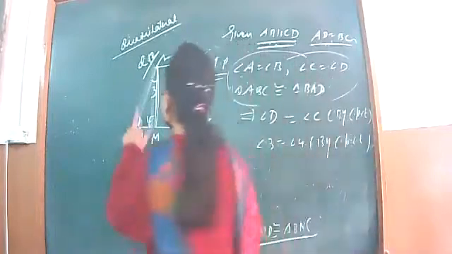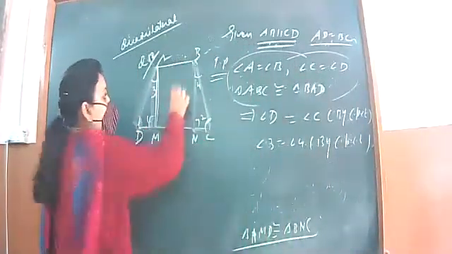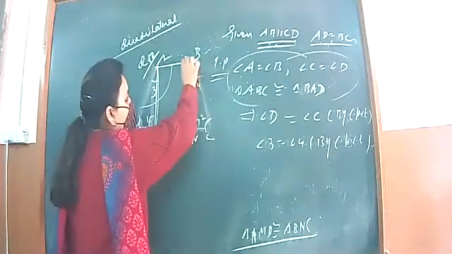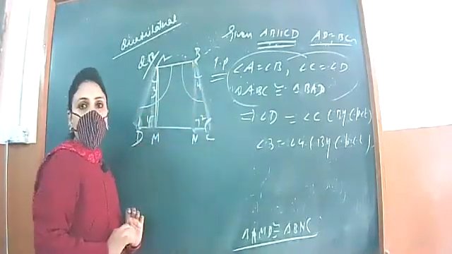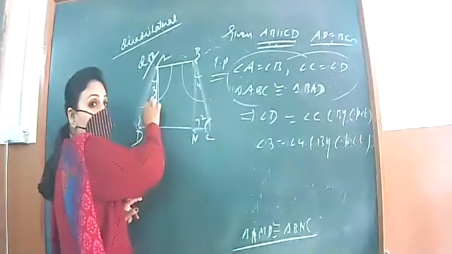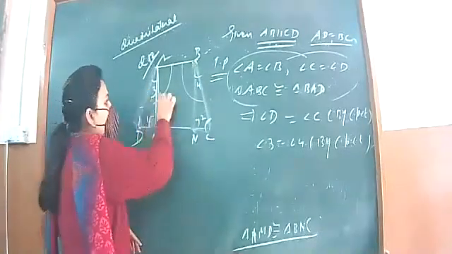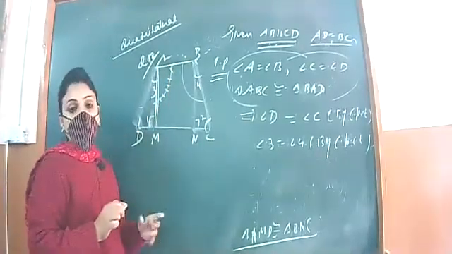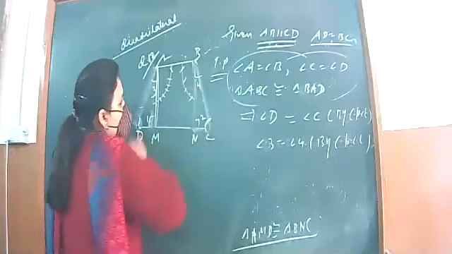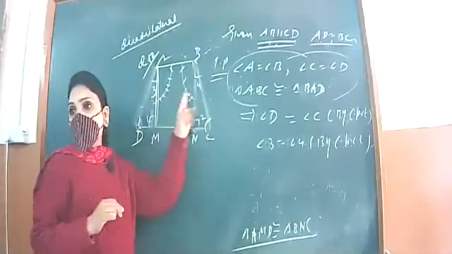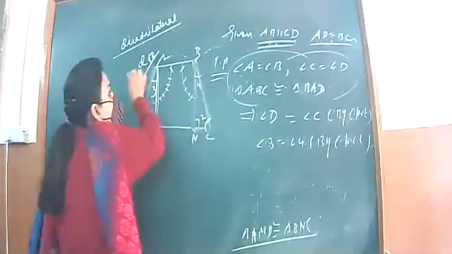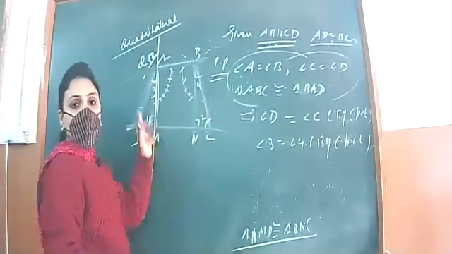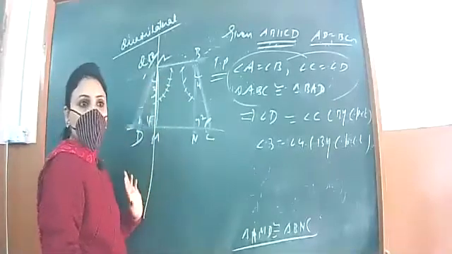Now we reach at this angle 3, but we want to reach at full angle A. We reach at angle 4, but we want to reach full angle B. That means 3, if it wants to become angle A, it needs this much angle, and 4, if it wants to become B, it needs this much angle. And can you tell me the measure of this angle? 90. Reason being, parallel lines, transversal, this 90, alternate interior angles.